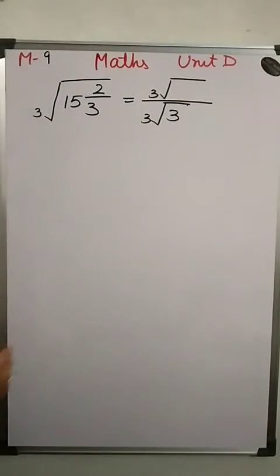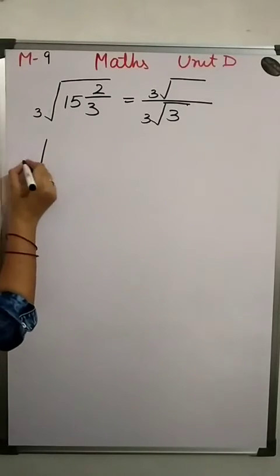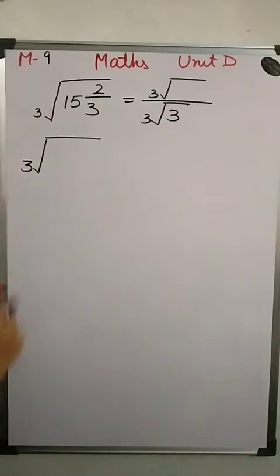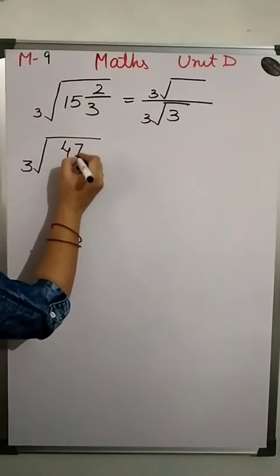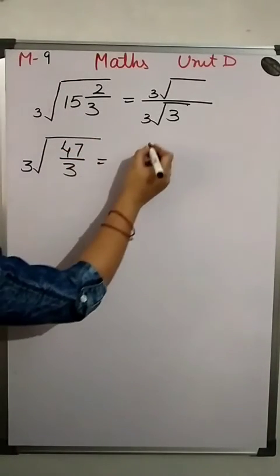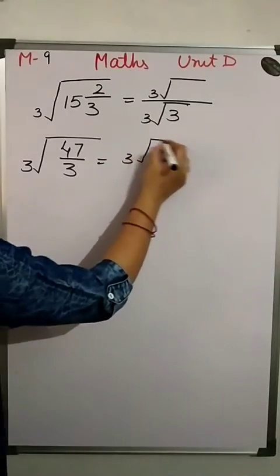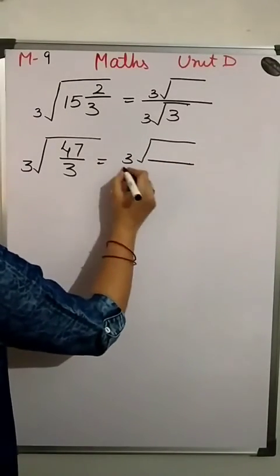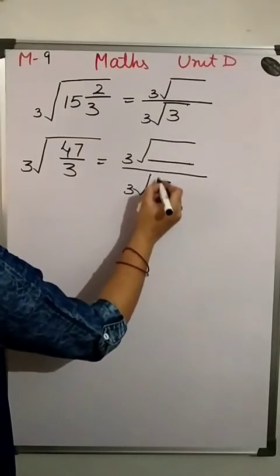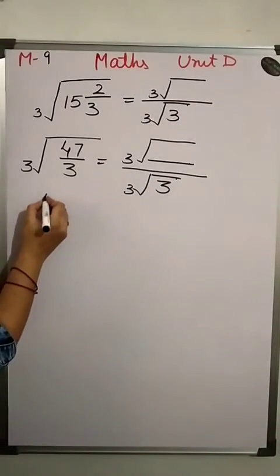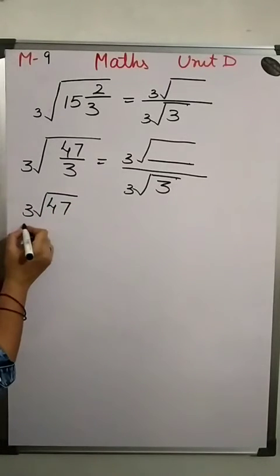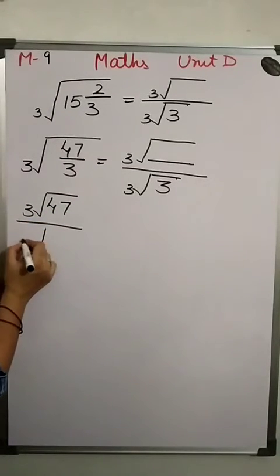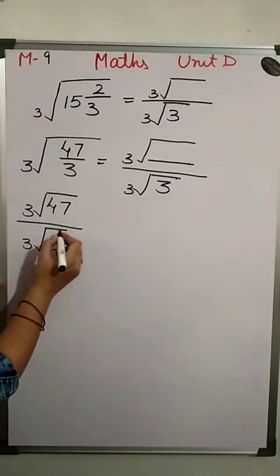I will explain with one more example. Here the question is this one. Now what we do here, we convert this mixed fraction into an improper fraction. It is 47 upon 3. Here we have to fill up the space. Now we can write this as cube root of 47 upon cube root of 3.